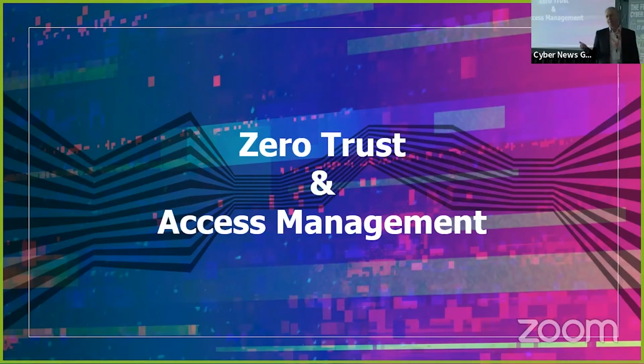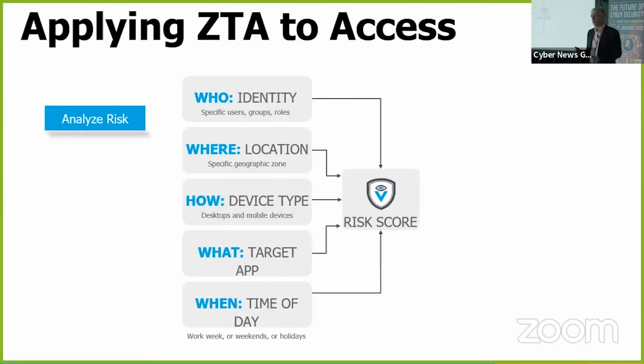Now, let's take a look at access management. When you're thinking about access, there are a number of different parameters you can look at. Think about the profile of an access attempt. So this is in real time, right? A user is sitting down at a particular device from a particular location at a particular time of day, accessing a certain resource.